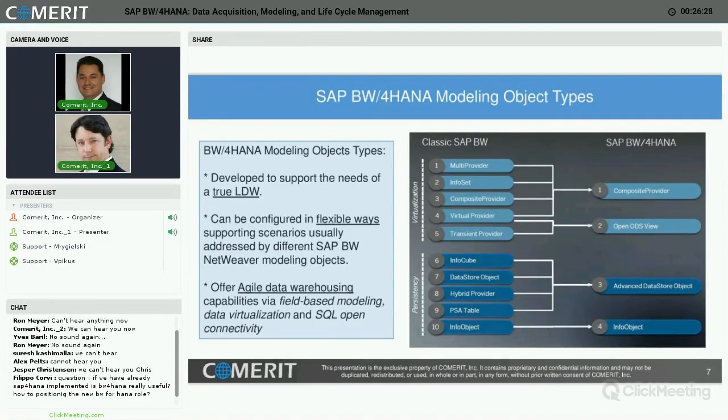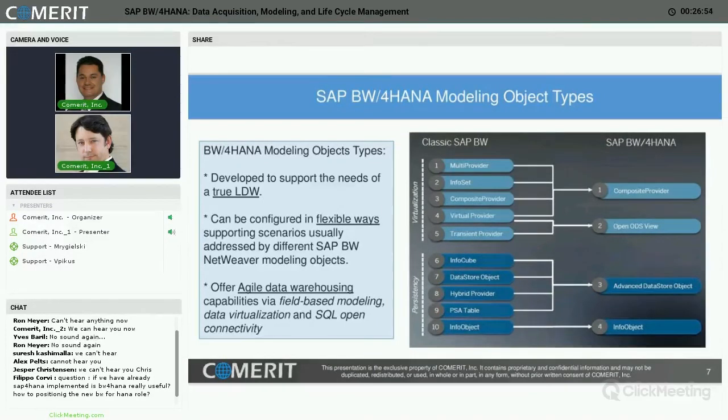The advanced DSOs, or advanced DataStore objects, are your main persistent object in BW/4HANA. They can act as a typical NetWeaver DSO. They can also act as an InfoCube. They can act as a snapshot solution. They can act as a consolidation layer, depending on, again, the configurations you set.